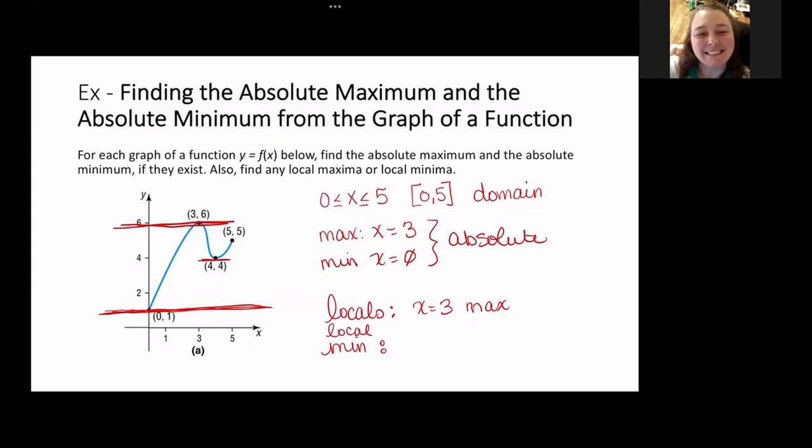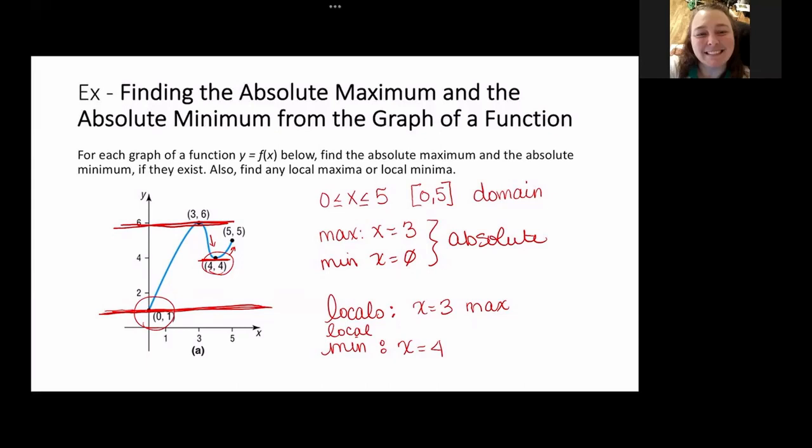What about right there? Remember, we said decreasing on one side, increasing on the other. So we actually have a local min at x equals 4. Okay, so that's the local, that's the absolute. So you can see it is the minimum of the minimums.